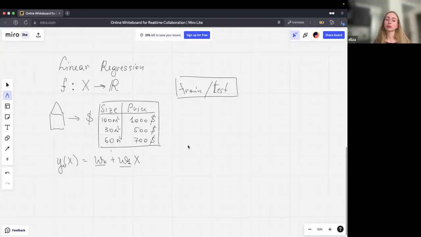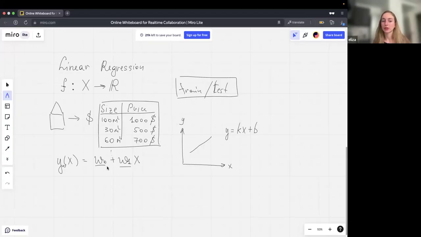I hope you remember that at school, in geometry, you worked with a plane and a line, and the equation of this line you wrote like kx plus b, where k is the coefficient responsible for the slope of your line, and coefficient b is responsible for shifting your line along the y axis.